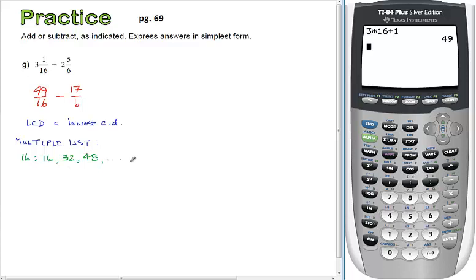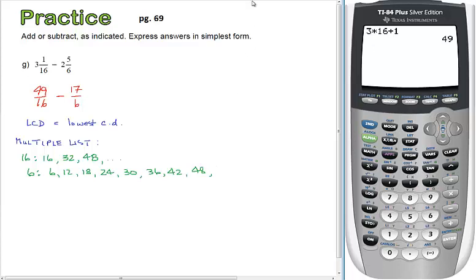Let's see if that's high enough. Let's start with 6. We got 6, and then the next multiple is 12, 18, 4 6s are 24, 5 6s are 30, 6 6s are 36, 7 6s 42, 8 6s, look at that, 48.